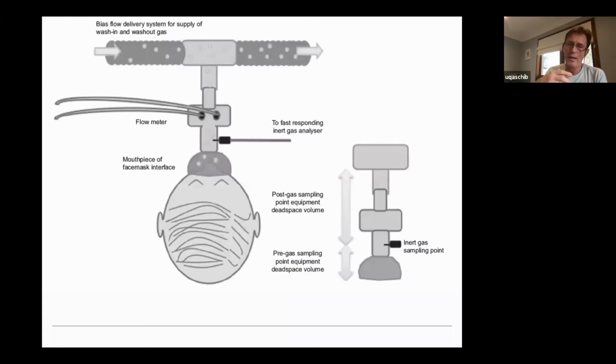So let's use sulfur hexafluoride. What we do is we let the subject inhale 5% sulfur hexafluoride over 2, 4, 5 minutes, till we know that the lung is filled with 5% sulfur hexafluoride.